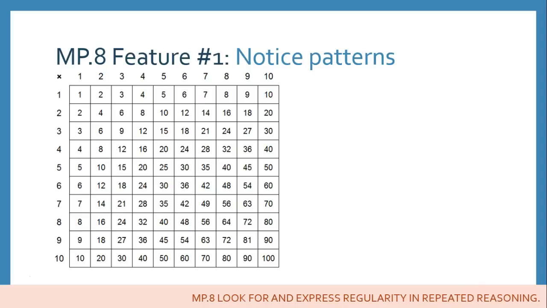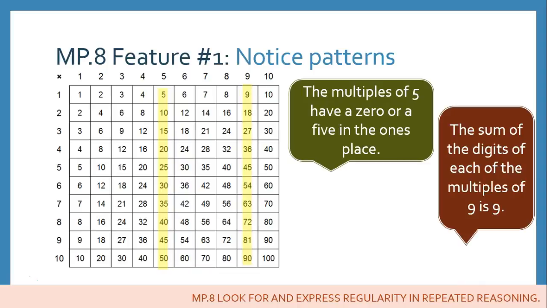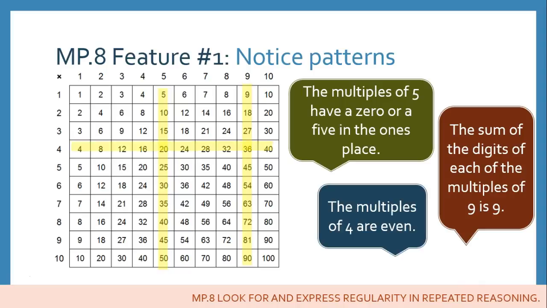They may notice that the multiples of 5 have a 0 or 5 in the ones place, or that the sum of the digits of each of the multiples of 9 is 9, or that the multiples of 4 are even. The purpose of this is to start to build an understanding of the rich web of numeracy patterns and relationships, and show students that noticing patterns is part of mathematical thinking.